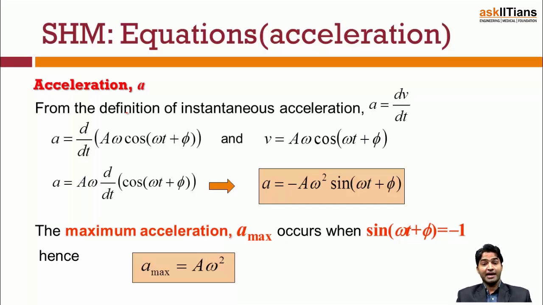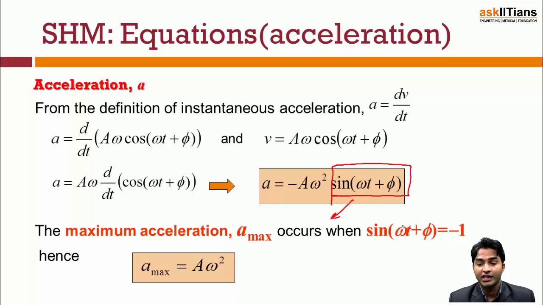So maximum acceleration, if we would like to calculate the equation for maximum acceleration, it is possible only when a omega square sin(omega t plus phi) is maximum.